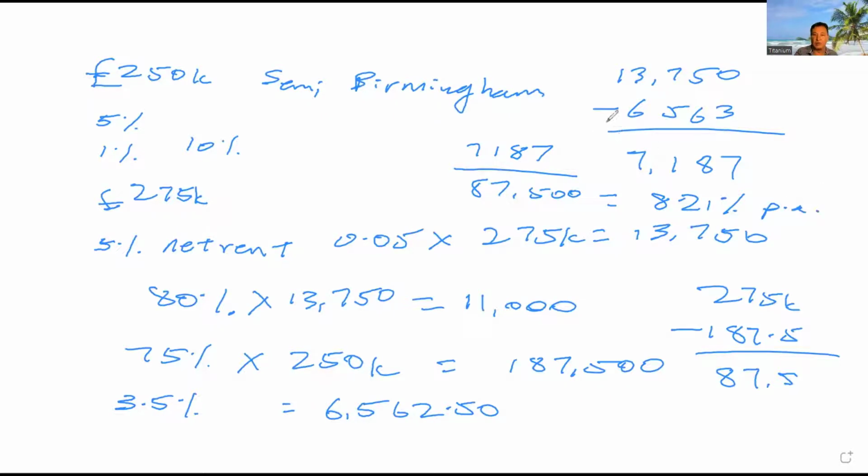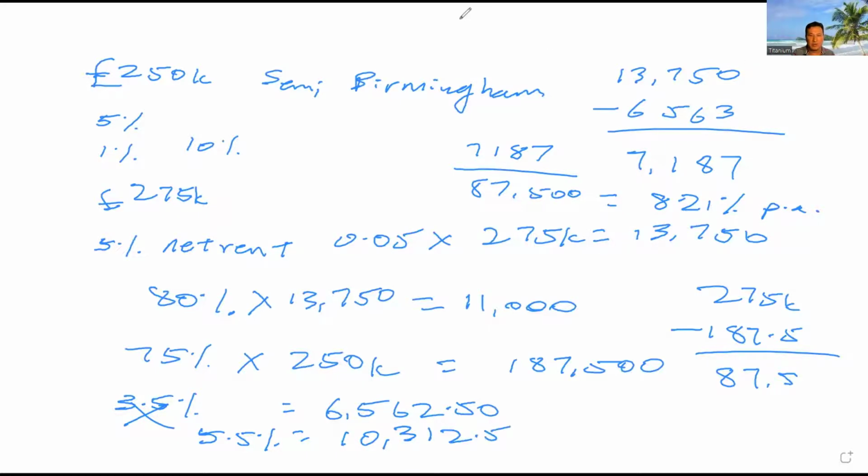Now, what if the interest rate goes up by 2 percentage points, to 5.5%? Now, what's your new rate? 0.055 times 187,500 is actually 10,312.5.